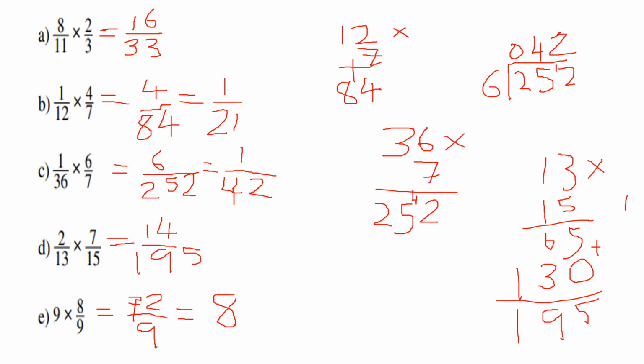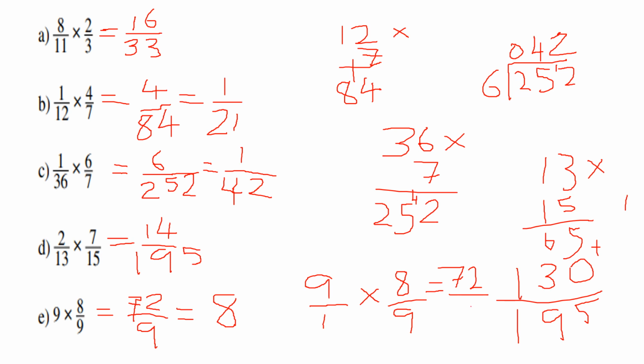Okay, and the reason for that is because 9 can be written as 9 over 1. So I can write it as 9 over 1, times 8 over 9. Then I'll do 9 times 8, which is going to be 72, and then 1 times 9 is 9.